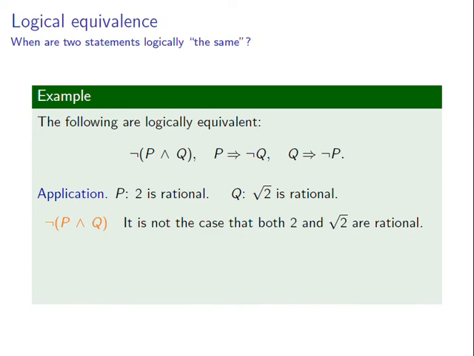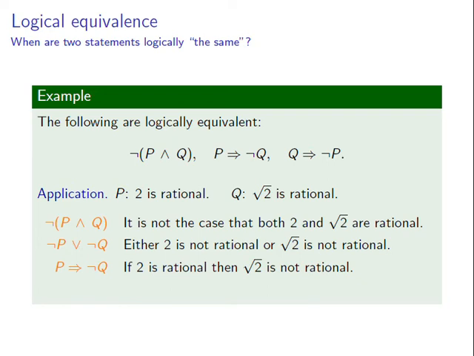The sentence, it is not the case that both 2 and the square root of 2 are rational, is the proposition not both P and Q. This is equivalent to the sentence, either 2 is not rational or the square root of 2 is not rational, which is the proposition either not P or not Q. And to the sentence, if 2 is rational, then the square root of 2 is not rational, which is the proposition P implies not Q. And to the sentence, if the square root of 2 is rational, then 2 is not rational, which is the proposition Q implies not P.